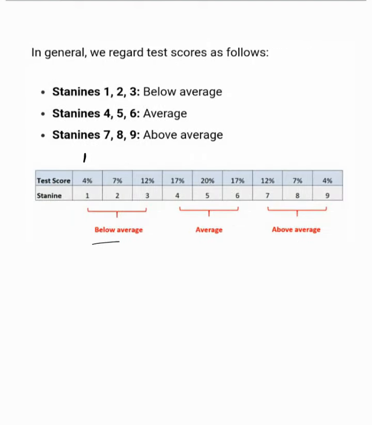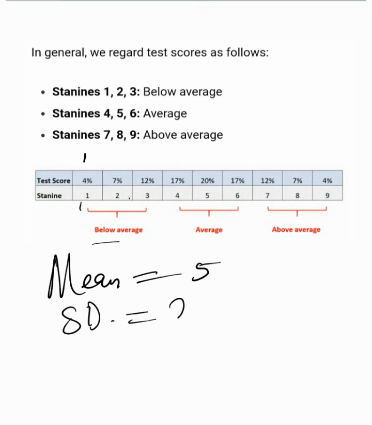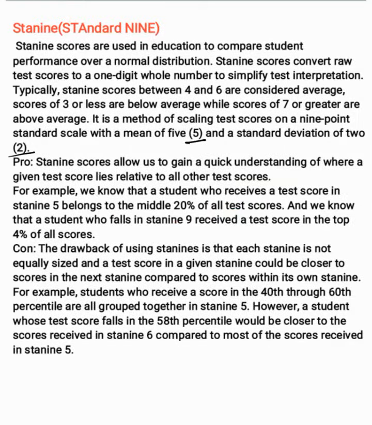Now take a look at this. We have the 9 scales here: 1, 2, 3, 4, 5, 6, 7, 8, 9. So the mean score is 5 and the standard deviation should be 2. Take note of that. Mean equal to 5, then standard deviation should be equal to 2. That is what we are saying.